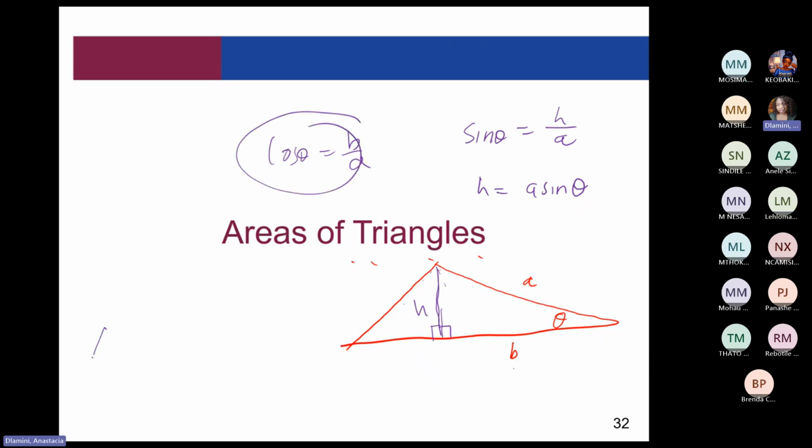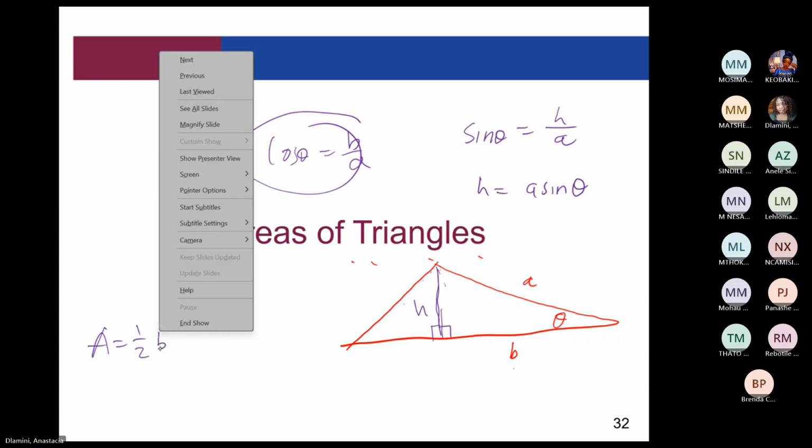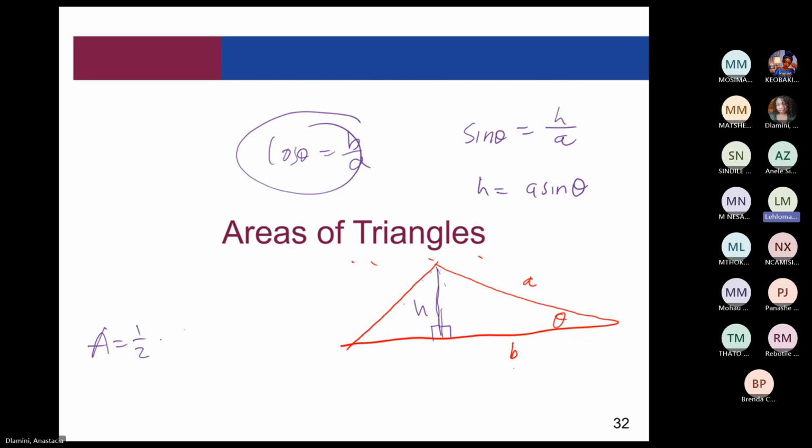So now the area is equals to half base times height. Right? Now we know that our base, what is our base, guys? Our base is B, isn't it? The base of a triangle. What is the height now? The height is A sine theta.